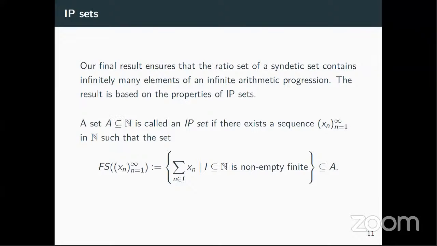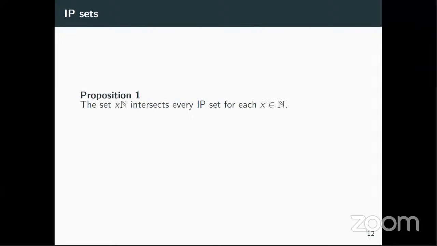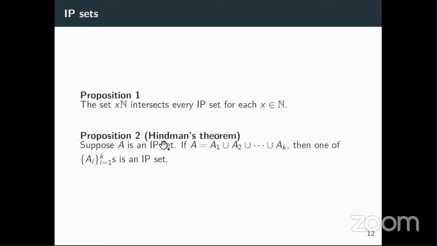And two properties we will use in our proof: you pick any x from the set of natural numbers and you take xN, it will intersect every IP set. And the second one is Hindman's result, that if you partition any IP set A into a finite number of parts, then one of the parts is going to be an IP set again.